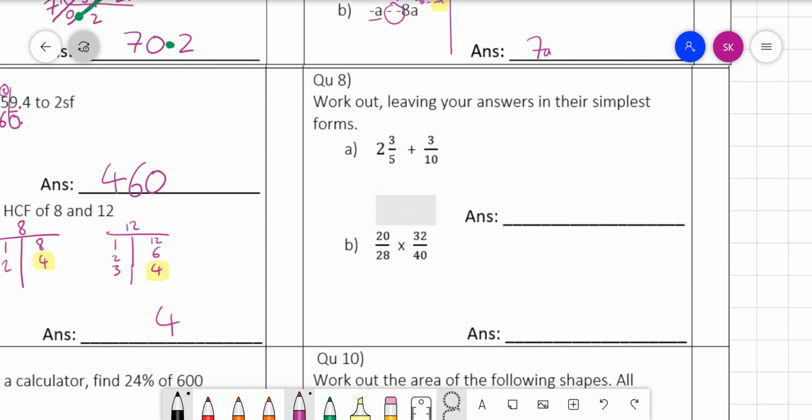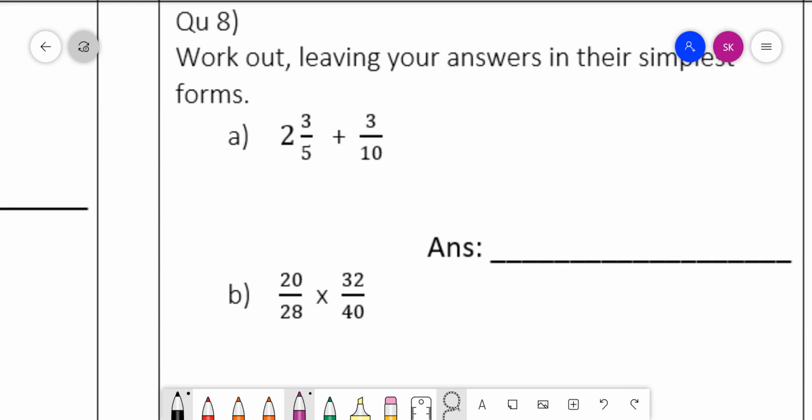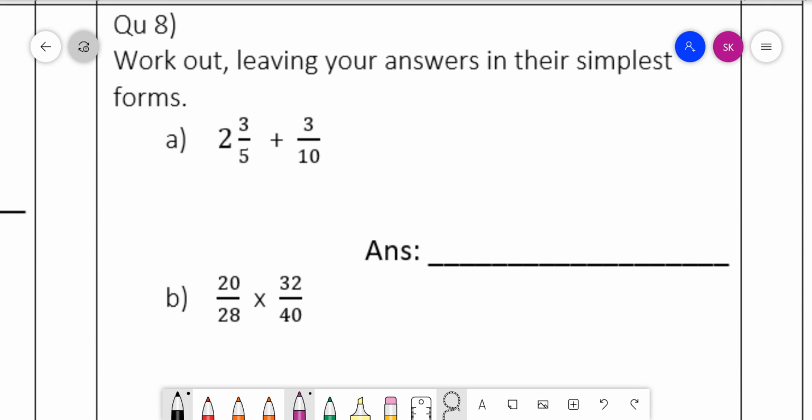Question 8. A. Work out leaving your answers in their simplest forms. So, to add these fractions, adding and subtracting fractions, find the LCM. But first I've got to make the first one an improper fraction. 2 times 5 is 10, plus 3 is 13.